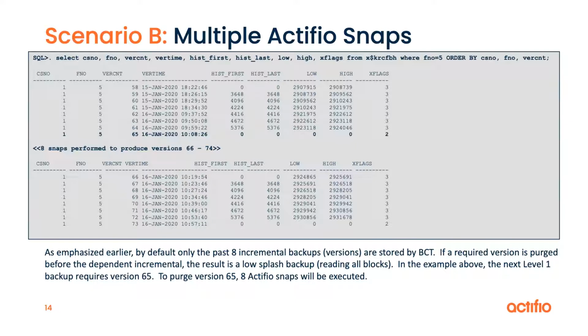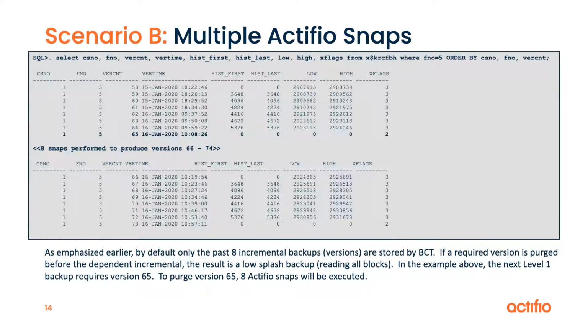In this scenario, the last incremental that we did created version 65. Now I'm going to go through Actifio and I'm going to do 8 snapshots. That's going to roll the versions forward. Each of those snapshots is going to consume a version. So I generated 66 through 73, as you can see there on the bottom. What that means is version 65 has been overwritten.